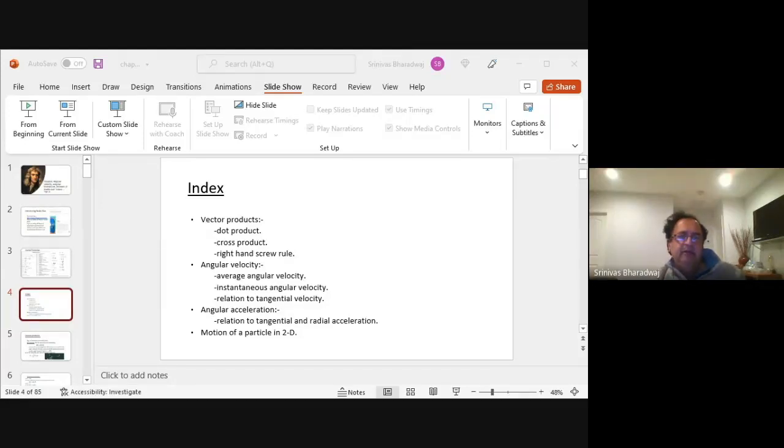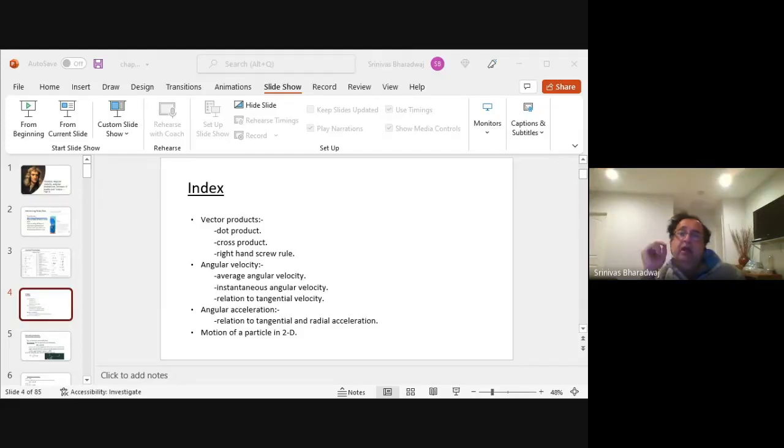I explained how to write the determinant, how to calculate it, and how to do A cross B. If you had A cross B dot C, it will give you the volume. A cross B will give you the area, and when you take that vector and do the dot product, you will get the volume.